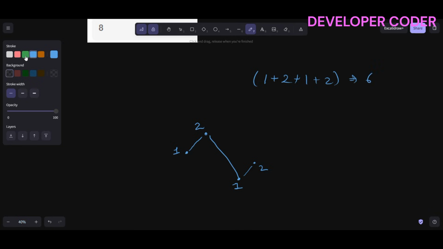But let's suppose you can also start from here, from this point also you can start. Let's say it is 0. Then also you are good, then also it is a valid shape, again 6. But let's suppose here you have minus 3, this is also a valid shape, right?